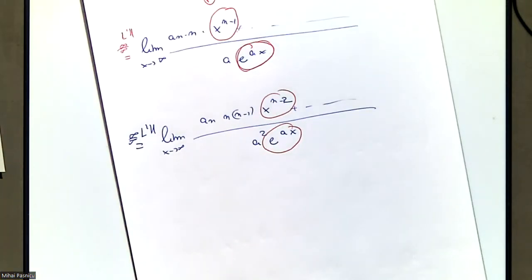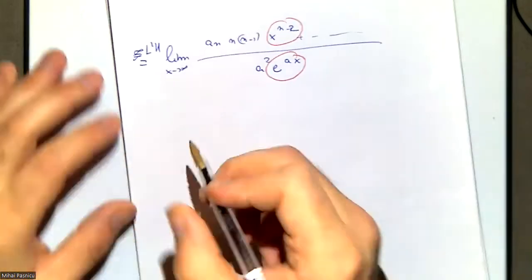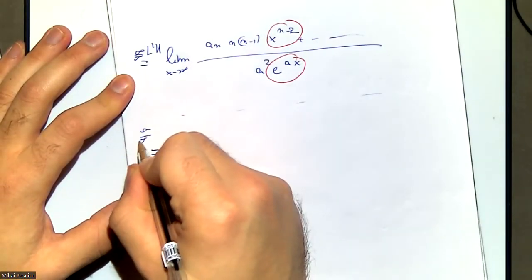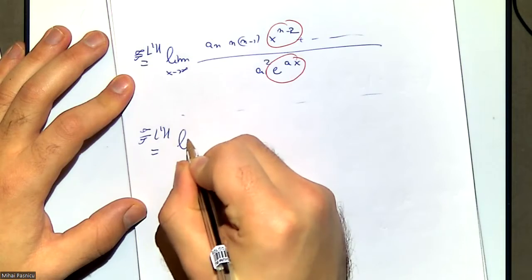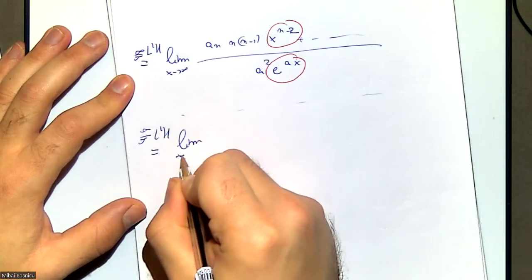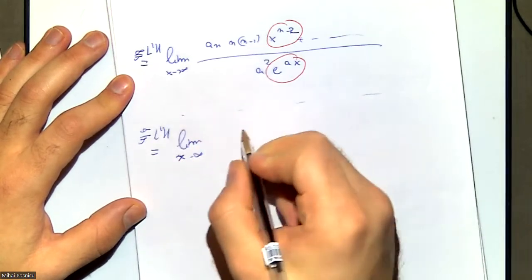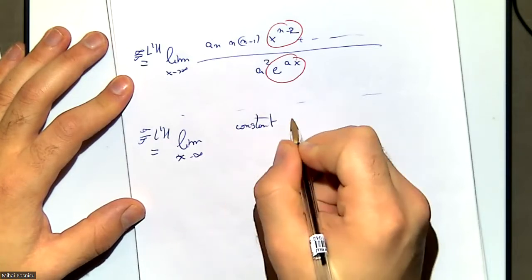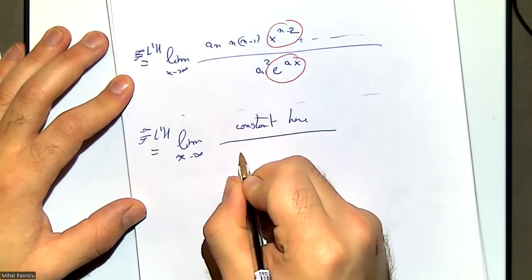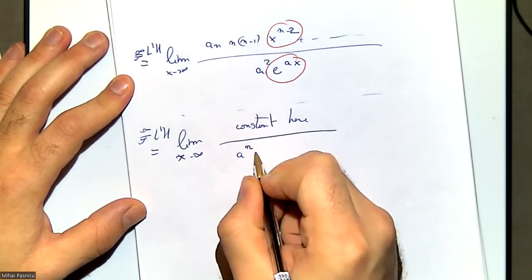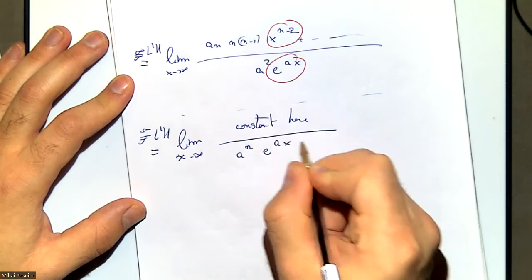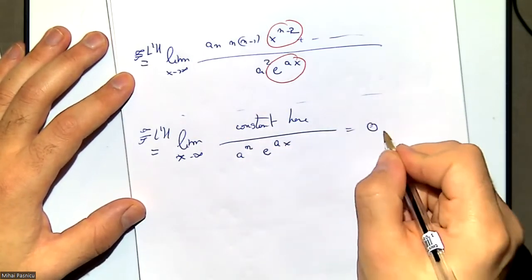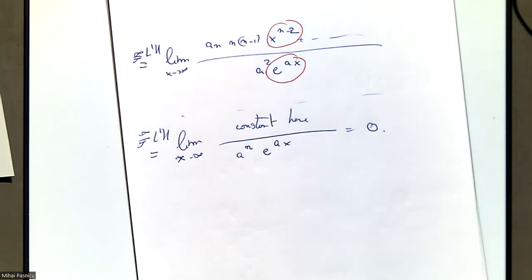So eventually, if I apply it a number of times, I'm going to get limit x to infinity of some constant here over a to some power, I think that's n, e^(ax). So constant, infinity, 0. Does it make sense?